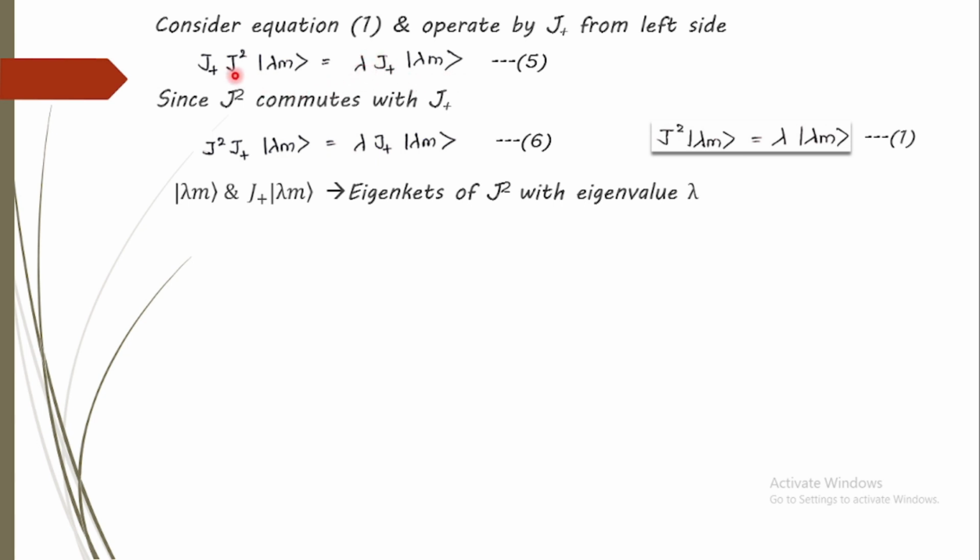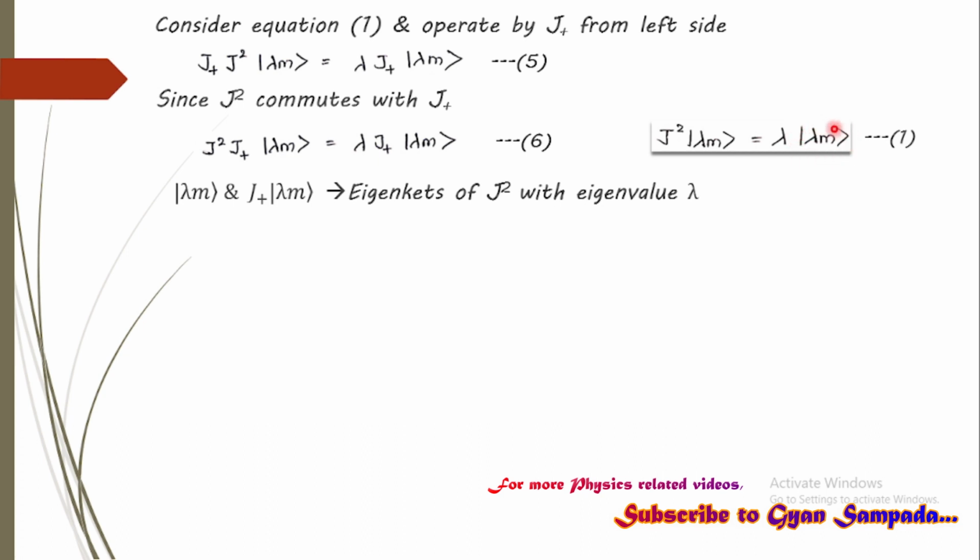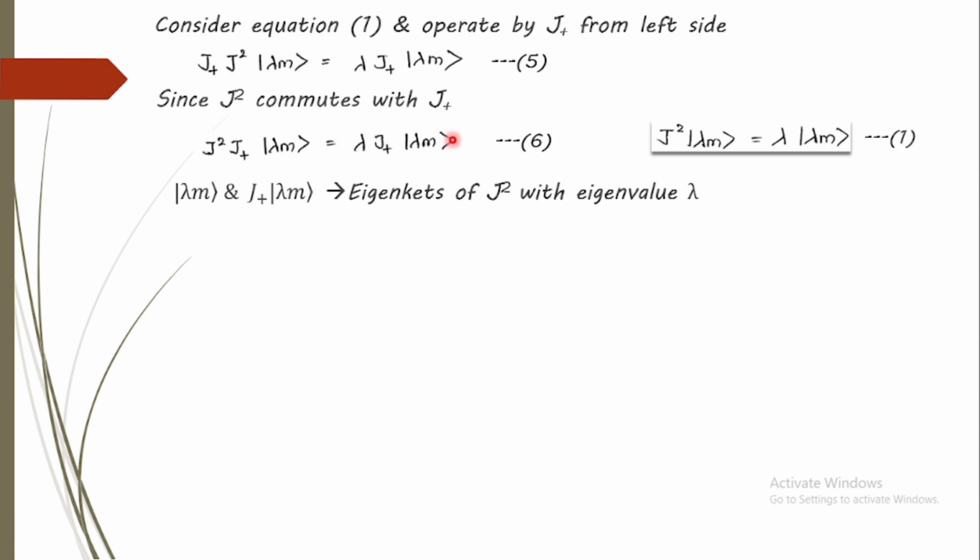Here we can clearly observe that the constant, the eigenvalue, is lambda in both equations 5 or 6 and 1. So the wave functions ket lambda m and j plus ket lambda m are both going to act as eigenkets. So we multiplied j plus from the left-hand side for equation number 1.